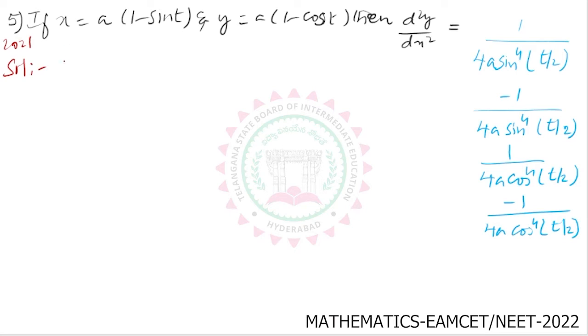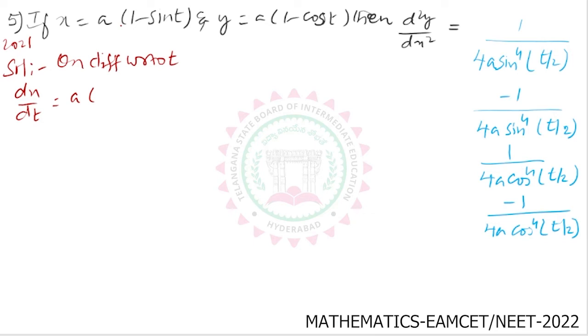Now on differentiating with respect to t, dx by dt is equal to a into (t minus sin t).